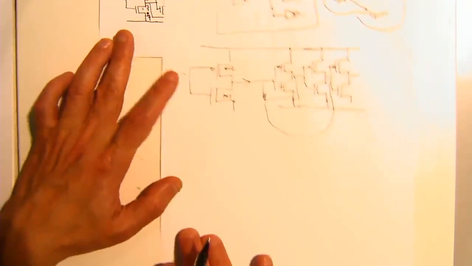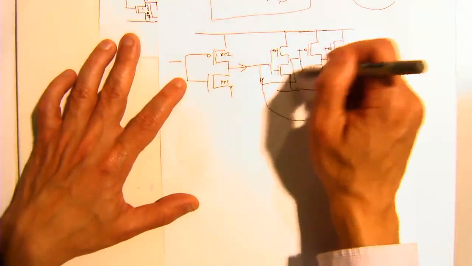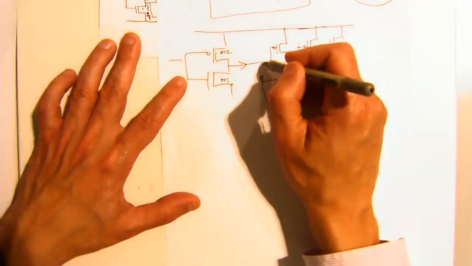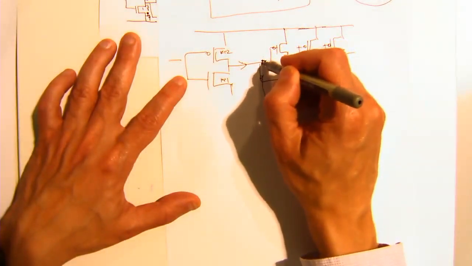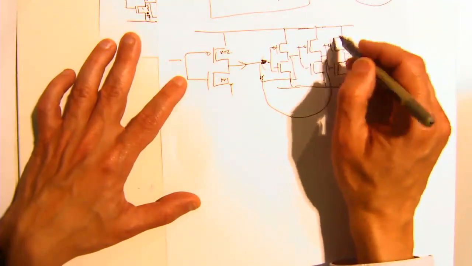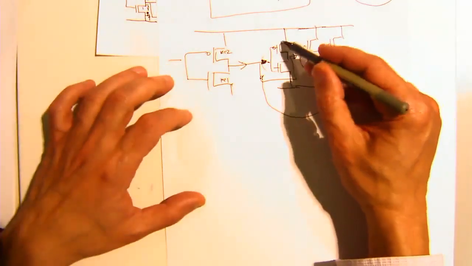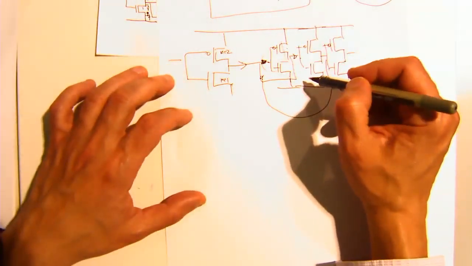All right. Okay. Well, what's the capacitance of each gate? Here, let's say the input here to each logic gate. How much capacitance do we see? We see the gate capacitance of the two transistors in parallel, right?